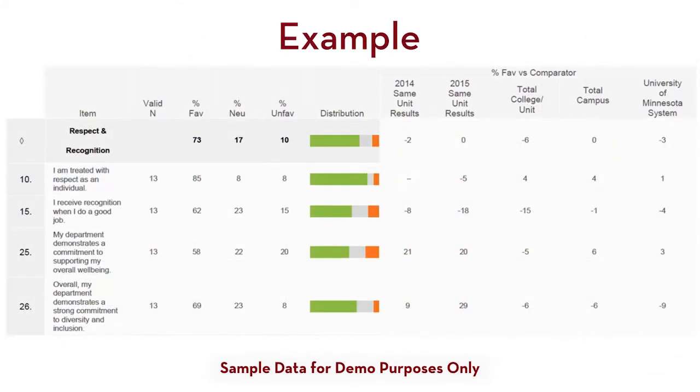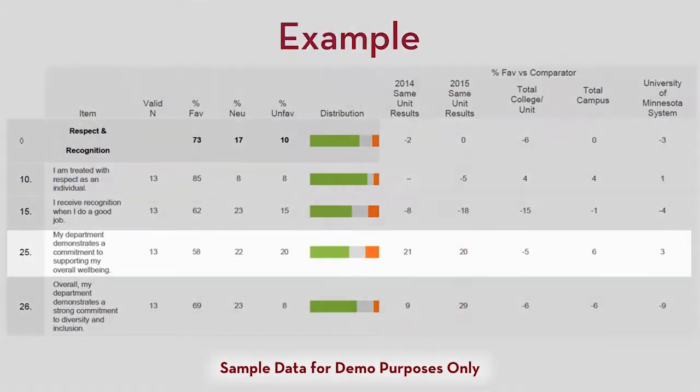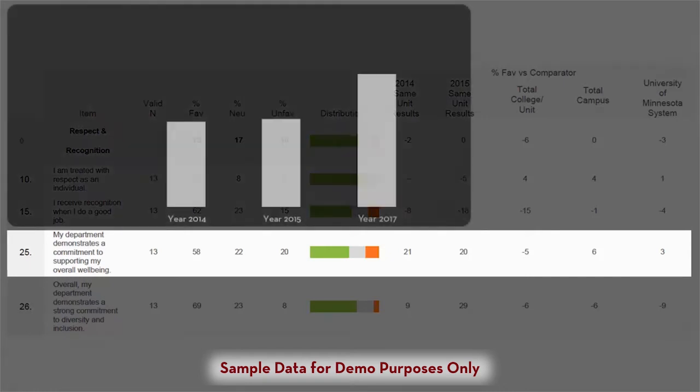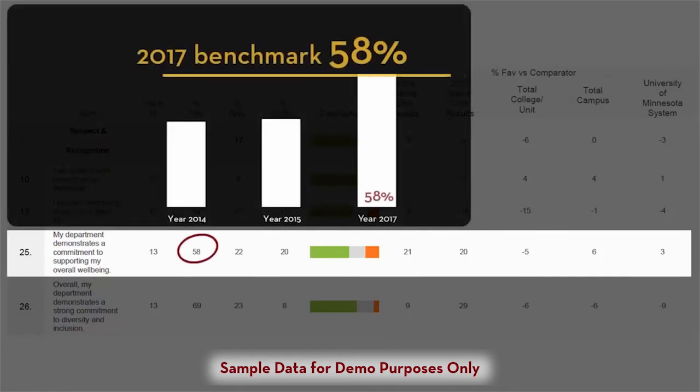For example, let's take a look at survey item number 25. My department demonstrates a commitment to supporting my overall well-being. The percentage favorable this year is 58%. These results are higher than the results from 2014 by 21 points, which is indicated by the 21-point difference in the 2014 same unit results column.